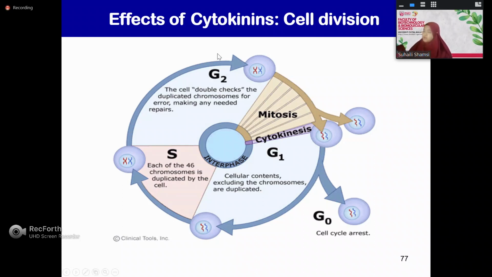Then we can see that cytokinin works to accelerate the transition from G2 into mitosis, or the M phase. So it would increase the rate of cellular division and cellular proliferation.